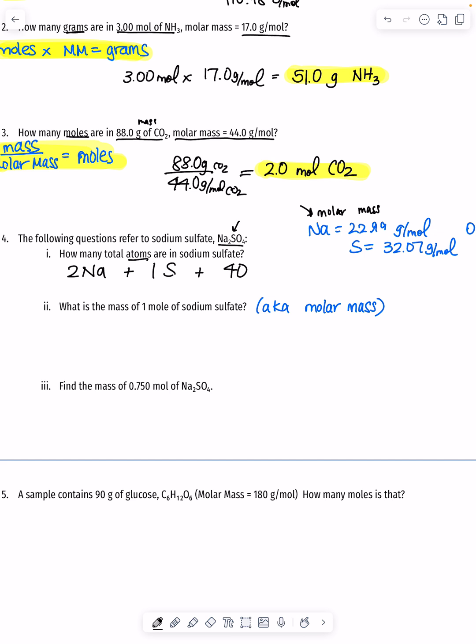There's a little 2 next to Na. That's 2 Nas. And then there's a little 4 next to O. That's 4 O's. That's a total of 4 plus 1 plus 2, that's 7 atoms total. If I wanted to draw sodium sulfate, here's Na, I could do 4 O's, and then there'll be 2 Nas. That's Na₂SO₄, and there's a total of 7 atoms.